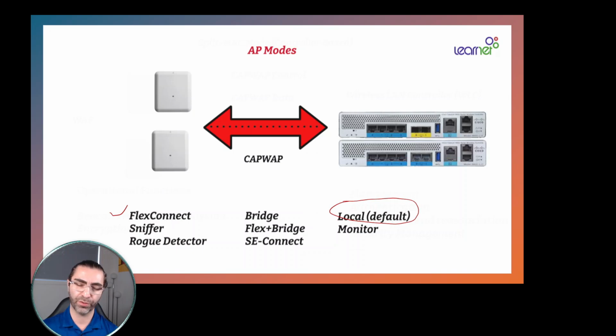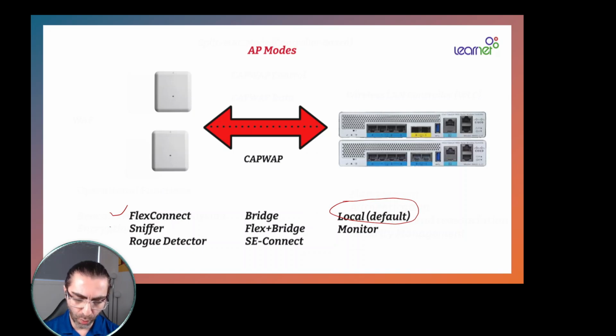If one computer is connected to SSID A and the other computer is connected to SSID B, even if the CAPWAP tunnel is down, the access point in FlexConnect mode would be able to provide connectivity between the clients connected to different SSIDs.